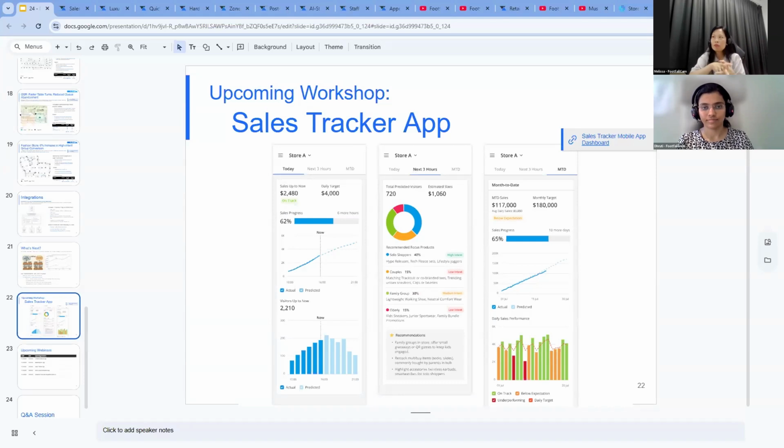So it's not just about heat maps and reports anymore. It's about an AI-powered simulation that learns from millions of these historical interactions, and from that, we can actually predict what's going to happen in the next few hours. So you can set your sales target and see whether or not you actually meet the target.